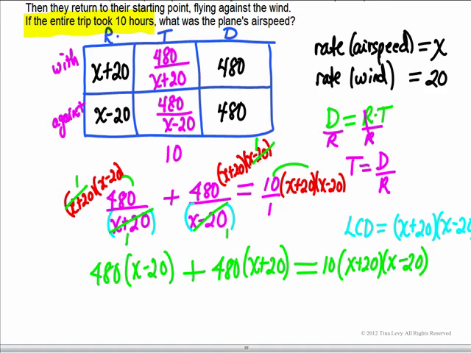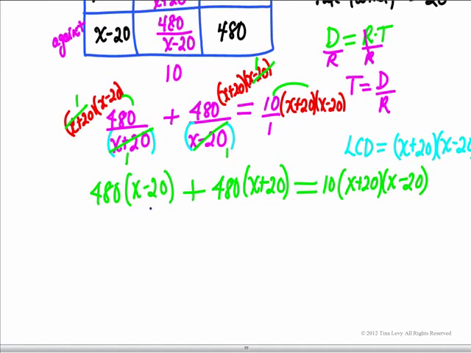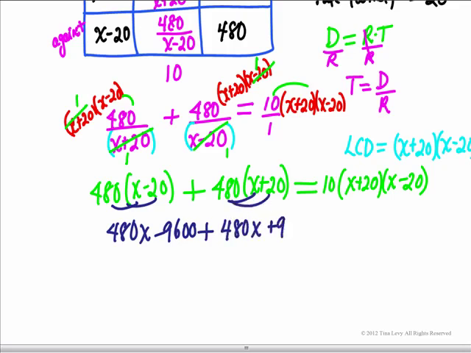Now I will get this ready by getting rid of parentheses, so I distribute the 480 through. 480x minus 9600 plus 480x plus 9600. And here I'm going to have to do two steps. I have the 10, but I'm going to FOIL this.